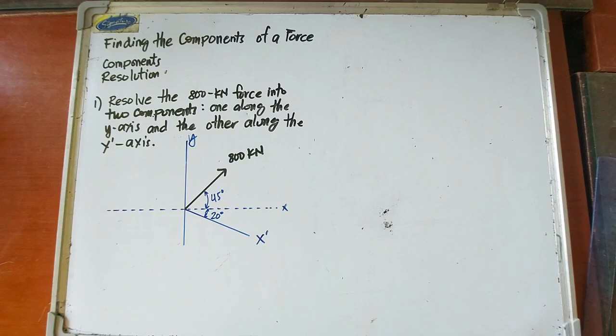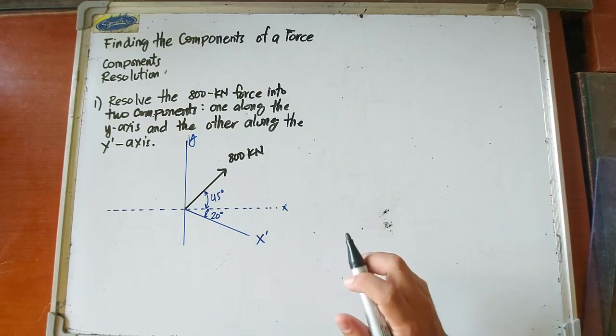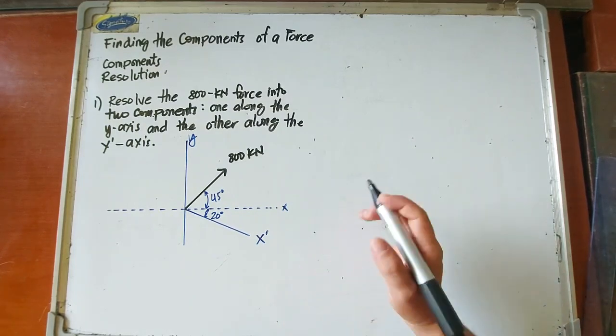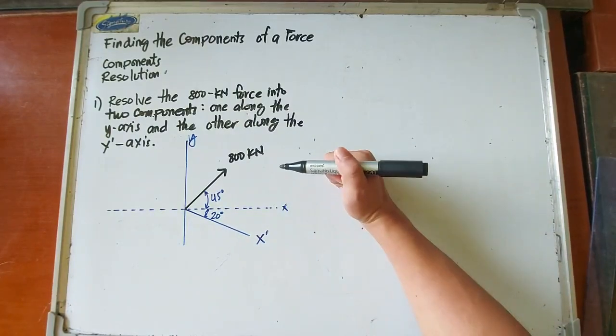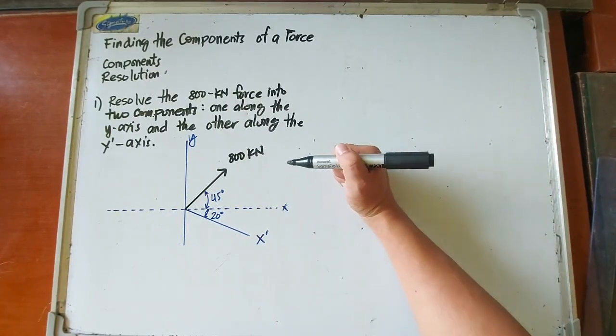So this time we're going to use the parallelogram method. An easier method will be discussed later on using the rectangular components method. Although the principle would be the same, dun sa pag-apply na natin yung rectangular components. For the meantime, yung rectangular components kasi is applicable for the horizontal and vertical axis.